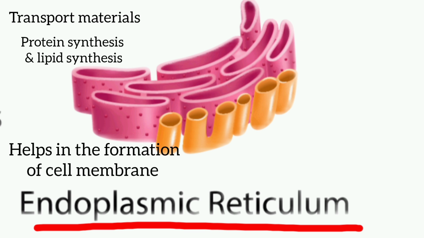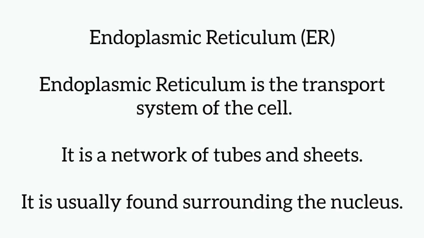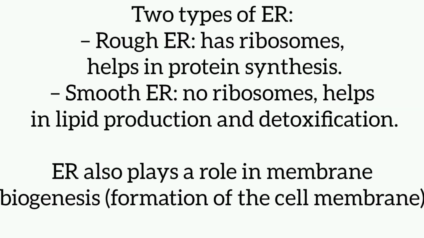Let us quickly recap the important points about the endoplasmic reticulum. The endoplasmic reticulum is like the transport system of the cell, just like roads or highways that help move things from one place to another. It transports materials from one part of the cell to another part. It is a network of tubes and sheets spread throughout the cytoplasm, and it is usually found surrounding or close to the nucleus. There are two types of endoplasmic reticulum.